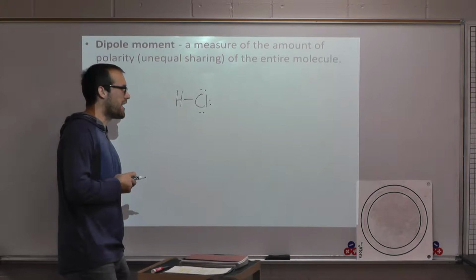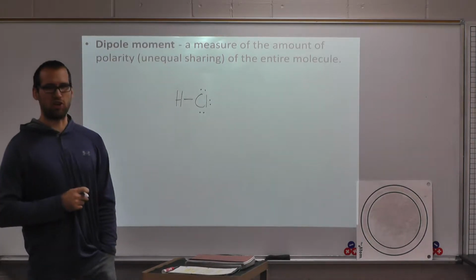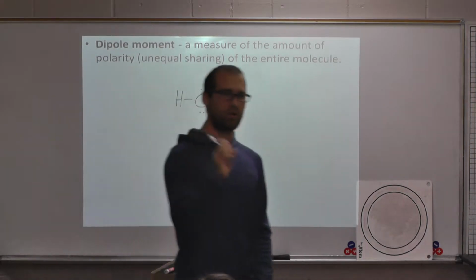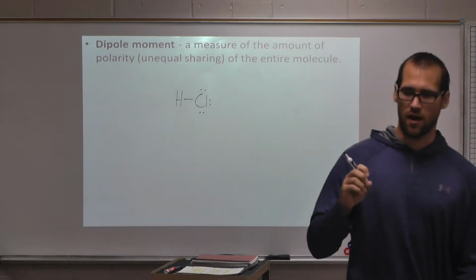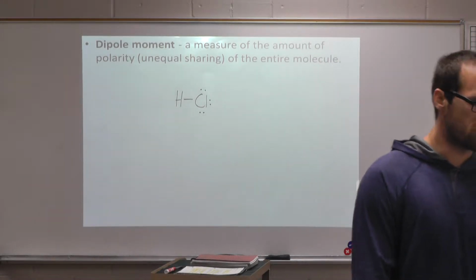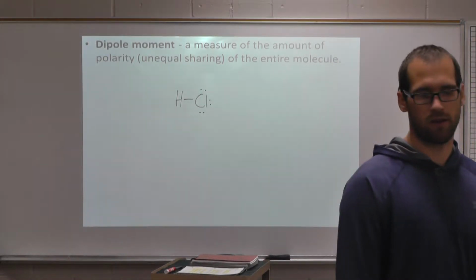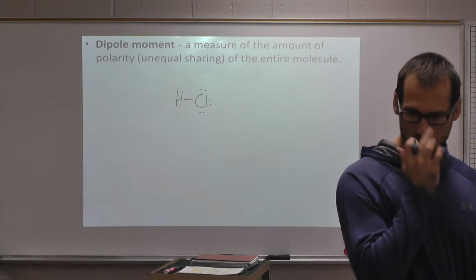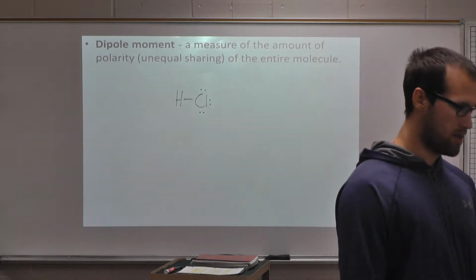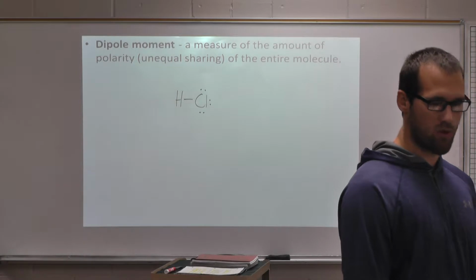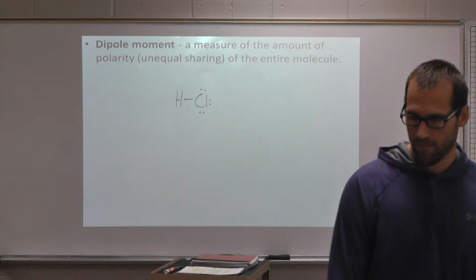When you're trying to figure out how polar something is, you're really going to look at electronegativity. That's the very first thing you should be thinking about. Which element up here is the more electronegative element? Chlorine.